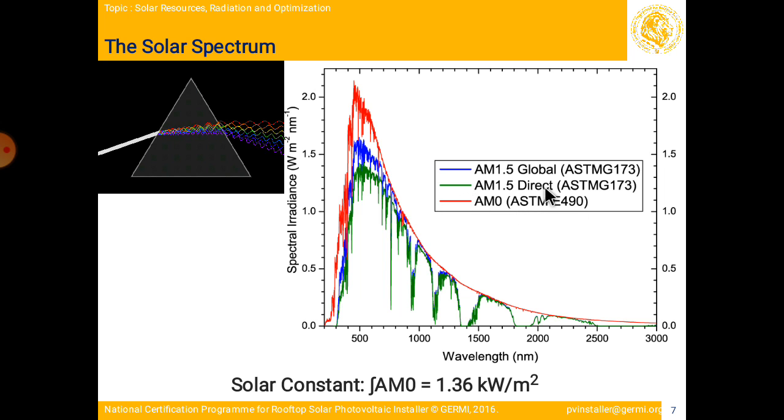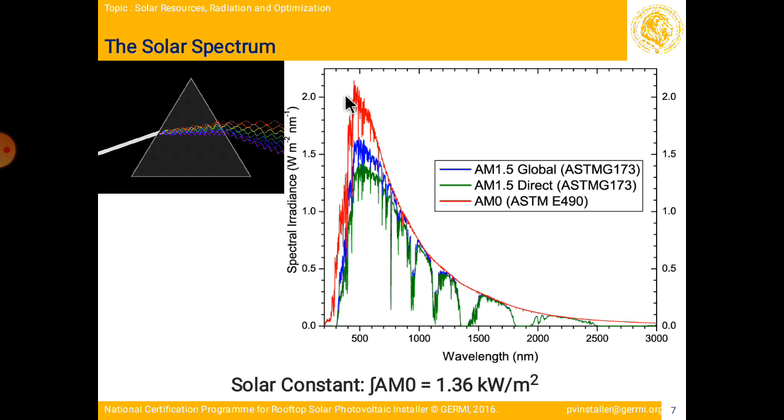These are the solar spectrum measurement standards, and this is the wavelength on the x-axis, and on the y-axis we have the spectral radiation in watt per meter square per nm.